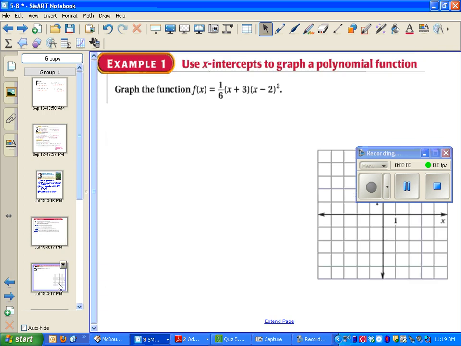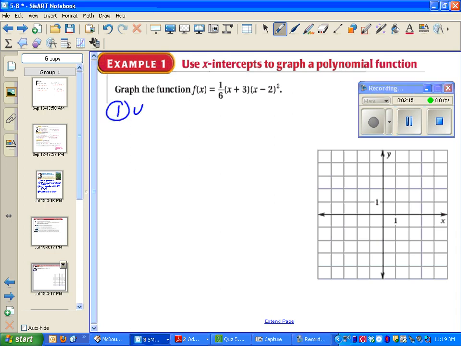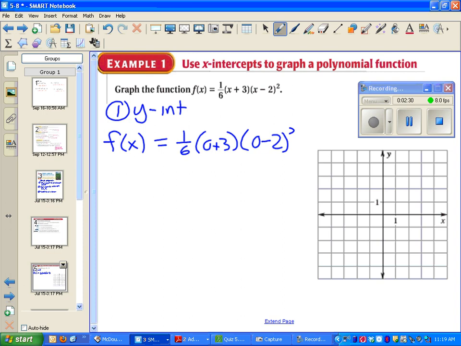All right, so we'll use example 1 from the book, and then after that we're going to veer off into different examples. But we're going to graph this function. The first thing we're going to do is find the y-intercept, which means we're going to plug in 0 for our x's. Again, f of x is just a fancy term for y. So we have 1/6 times 0 plus 3 times 0 minus 2 squared.